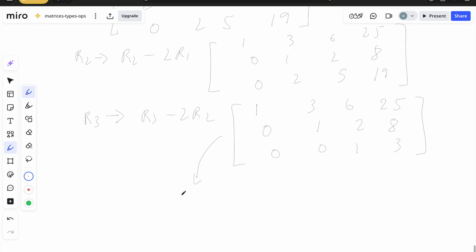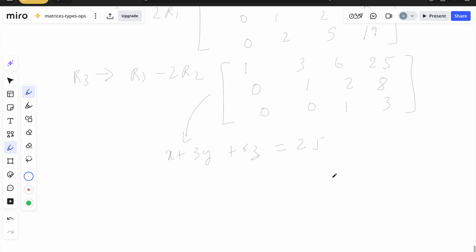Now if you look at it closely, this is x plus 3y plus 6z is equal to 25, and then this is y plus 2z is equal to 8, and z is equal to 3. So now by back substitution, you have already got z is equal to 3.